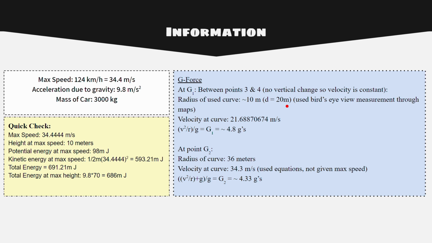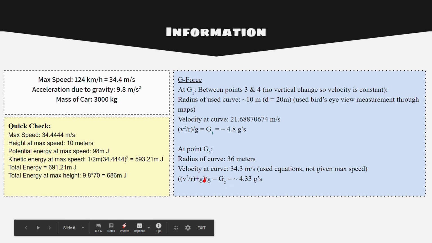And then the radius is obviously just half of that. And using the velocity found with the energy equations, you get 4.8 G's experienced, and the other curve is actually vertical, so that involved that. It was a dip, so it's plus G before dividing by G.